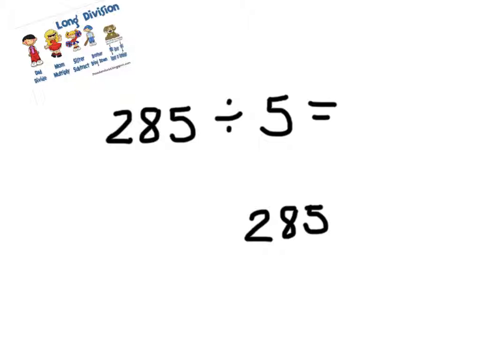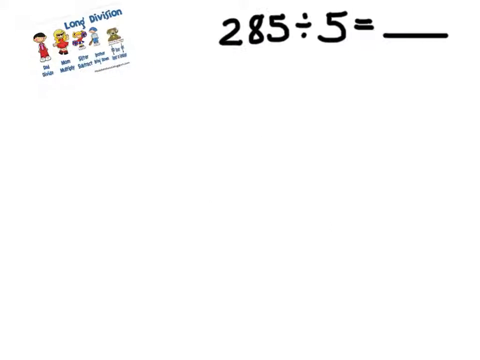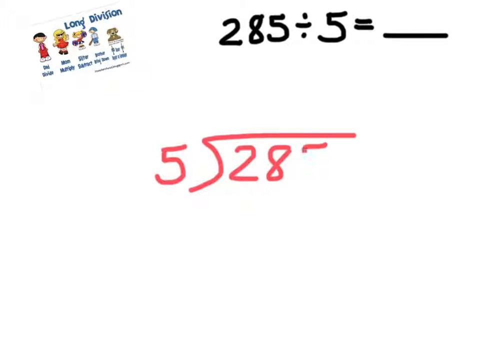The first thing we want to do is rearrange the problem. We will want to use a bracket, put the 5 on the outside, and we'll want to write the 285 on the inside.